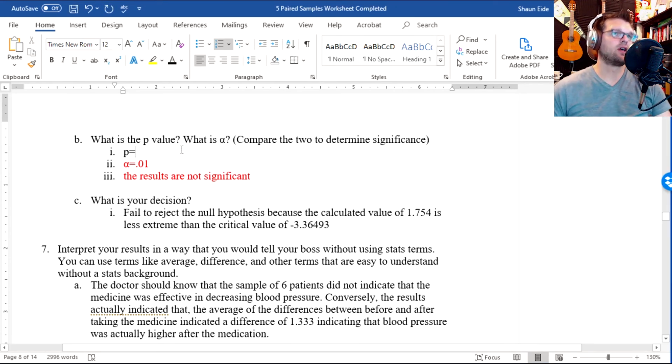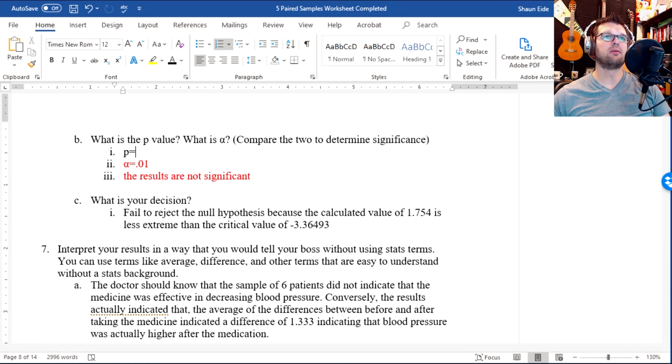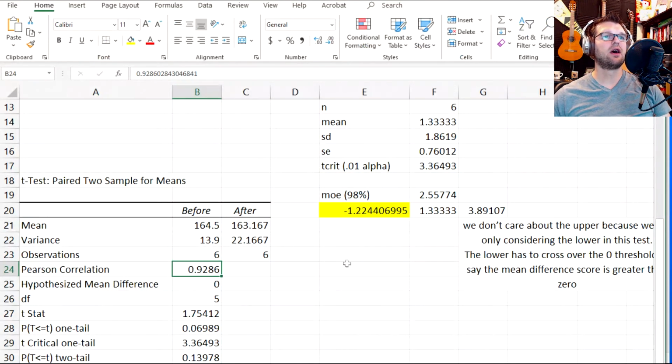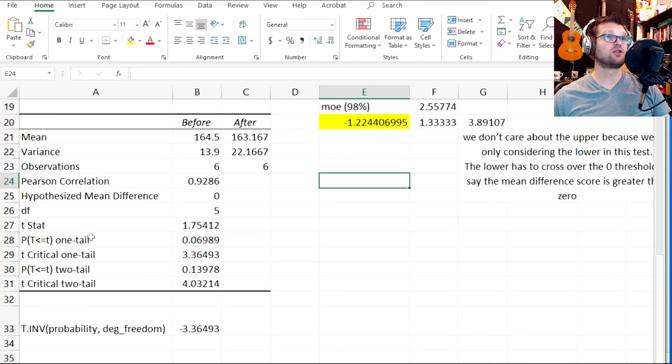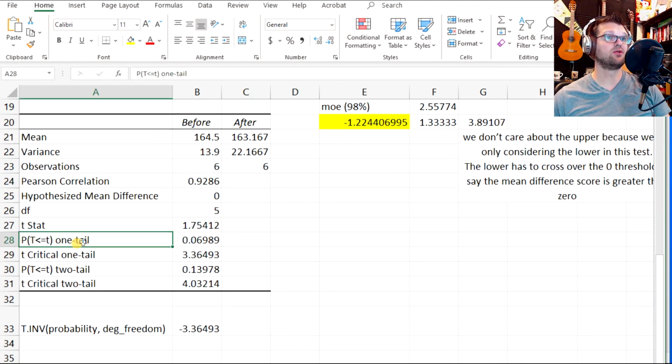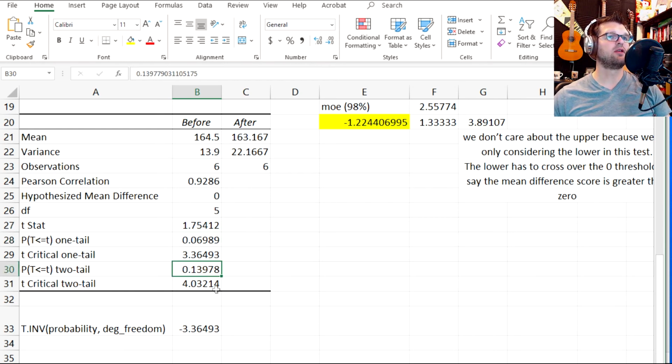So in order to calculate the p-value, what I'd suggest, you can go to the z-table if you want to, but a much more accurate way of doing it is, number one, you can just go straight over here. You've got the t-stat and the critical value, and then you've got the p-value of that t-statistic if it's a one-tail, and the p-value of the t-statistic if it's a two-tail.